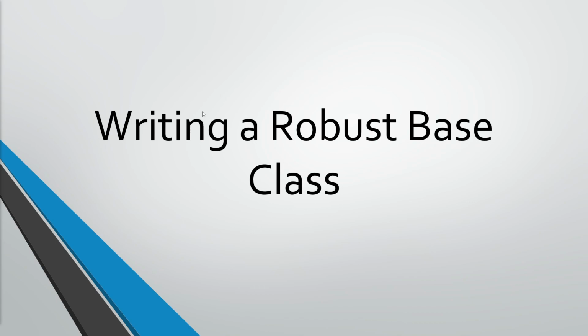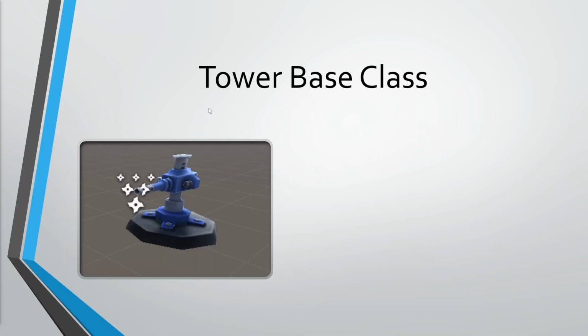So, when writing a base class, example natin yung tower base class, if you recall, there are different kinds of towers, right? So, not only do they just shoot missiles or bullets, may ibang towers na nag-heal, nagsa-slow, or nag-power up ng ibang towers, right?